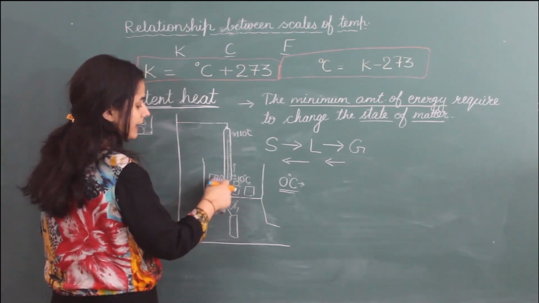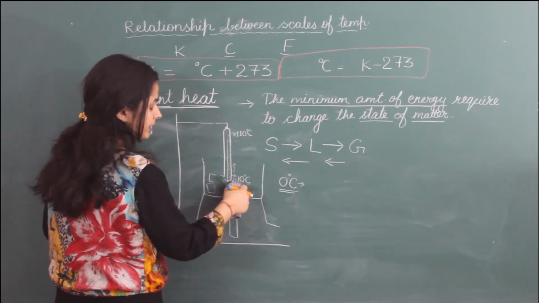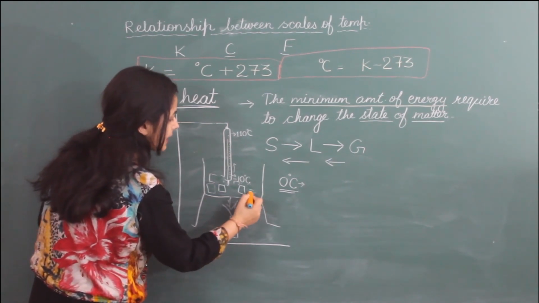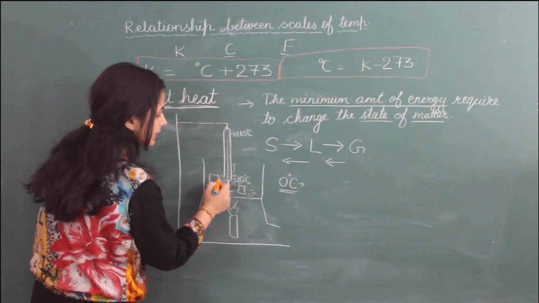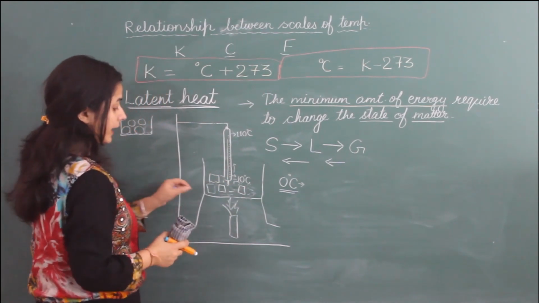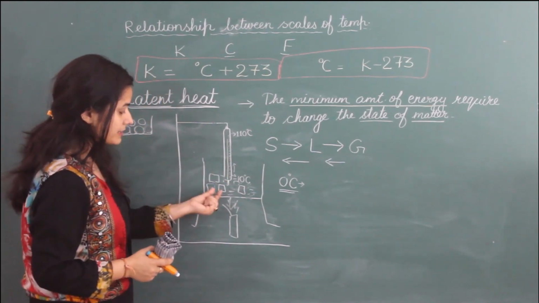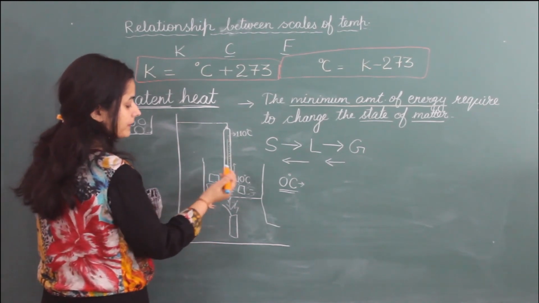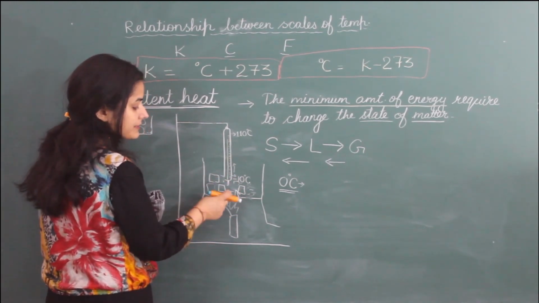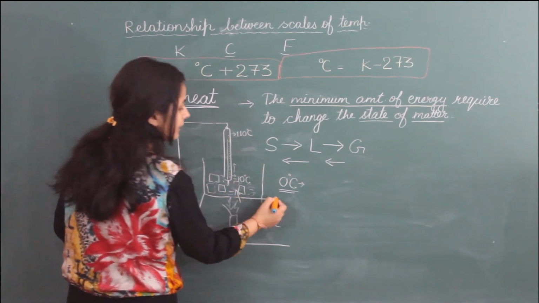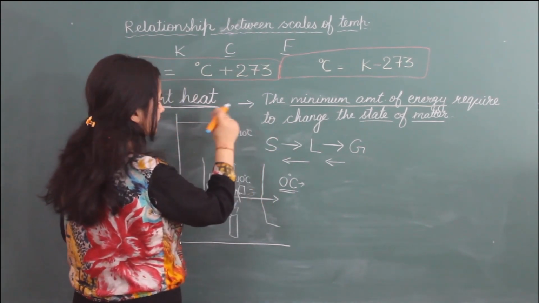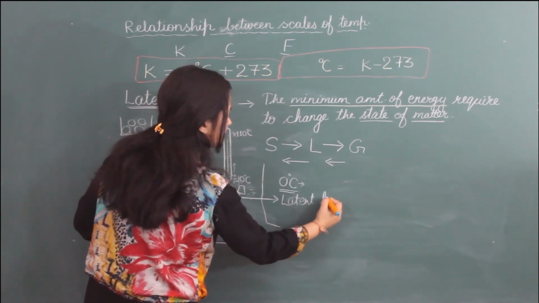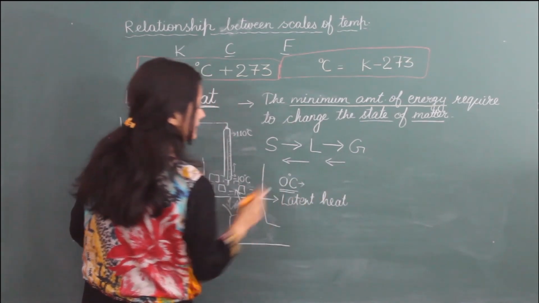You will see that a little bit of ice cubes are there and some amount of water is also there. When the ice starts to melt, up to that time the heat we give to this container is known as latent heat.